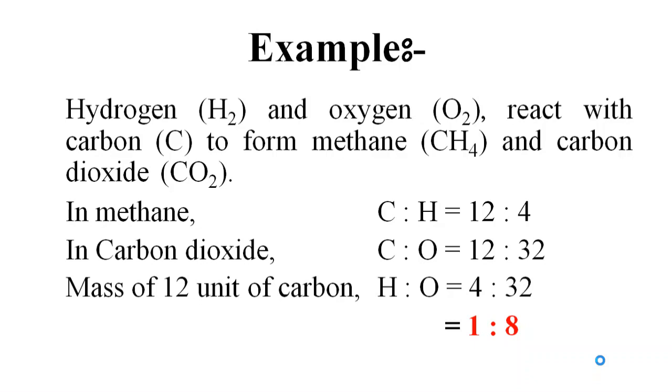In carbon dioxide, the ratio of carbon and oxygen is 12:32. Thus, the ratio of hydrogen and oxygen combining with a fixed mass of carbon in the two compounds is 4:32 or 1:8.